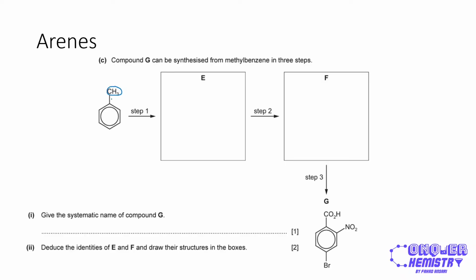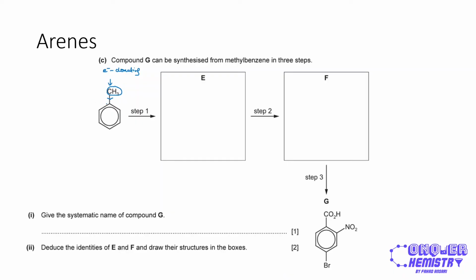For this we need to understand that this methyl group over here is electron donating, right? Which means that it will donate this bond pair to the benzene ring, making it even more open to electrophilic attack. And so this activates certain positions in the benzene ring for substitution.